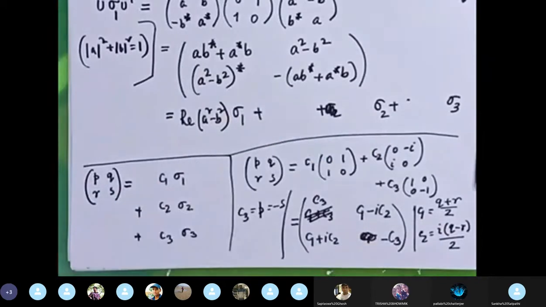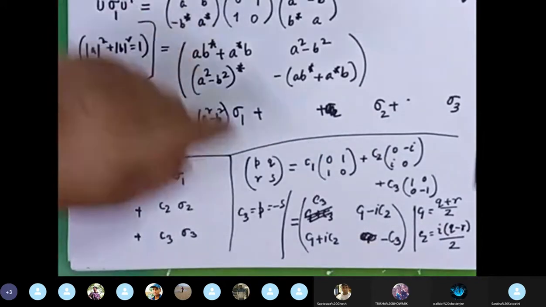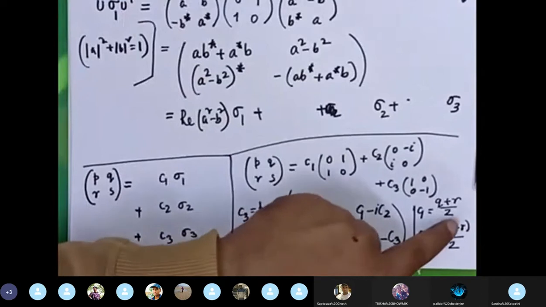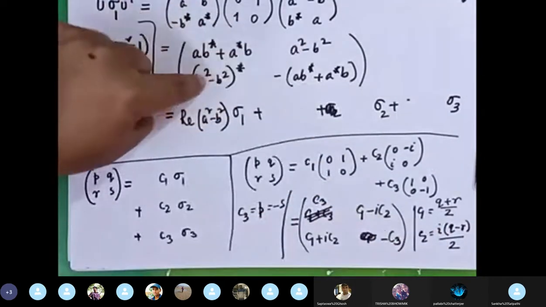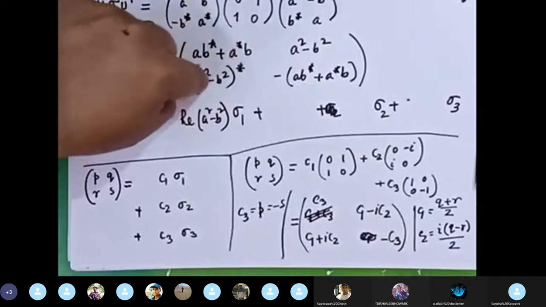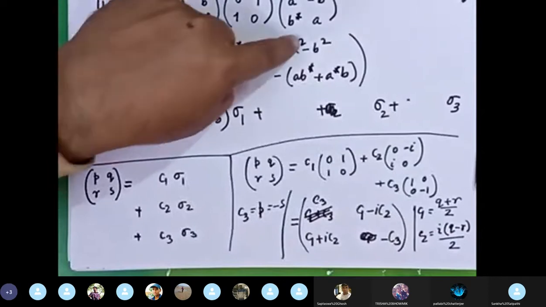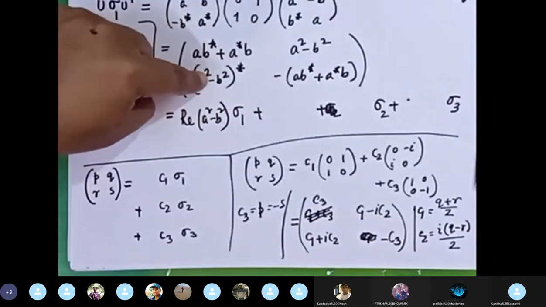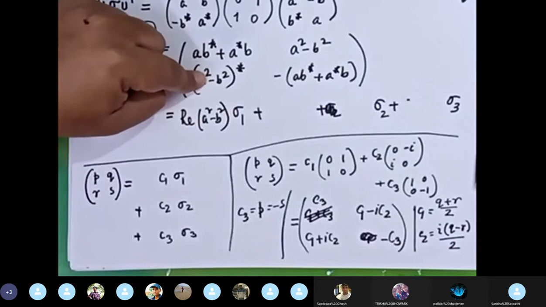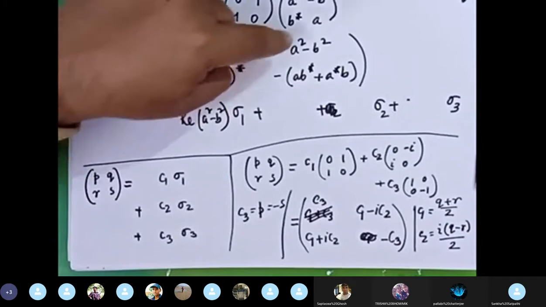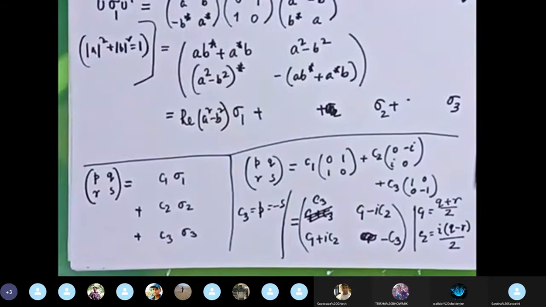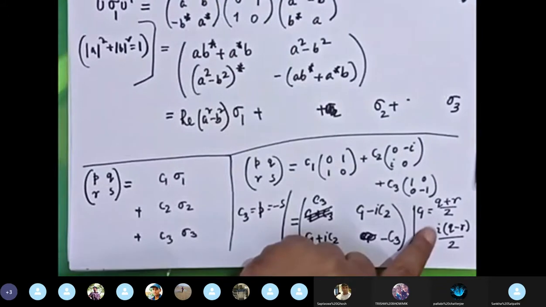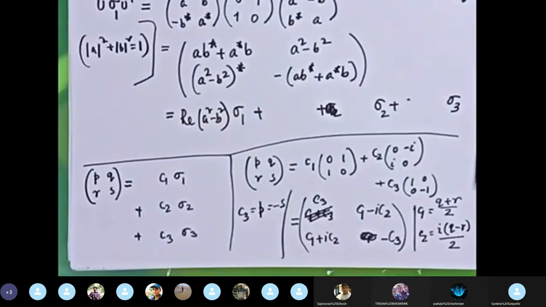Sigma 2's coefficient will be Q minus R by 2 into I. So Q minus R is this minus this star, which is what? Imaginary part of A square minus B square by 2I multiplied by this I here.